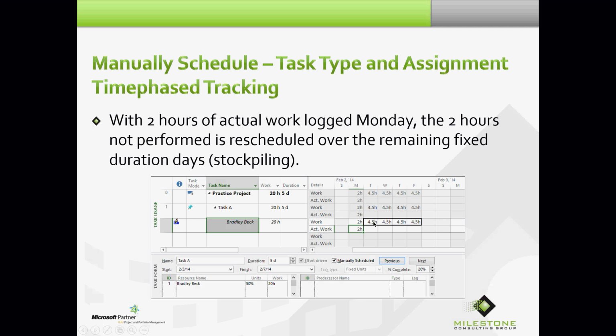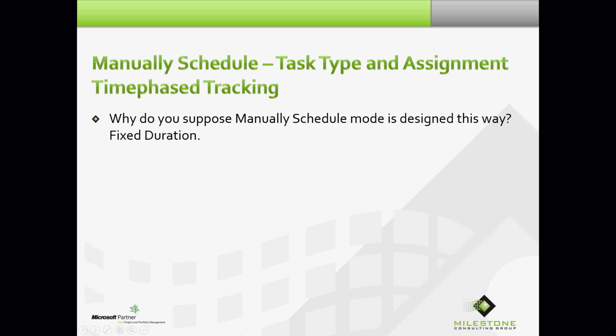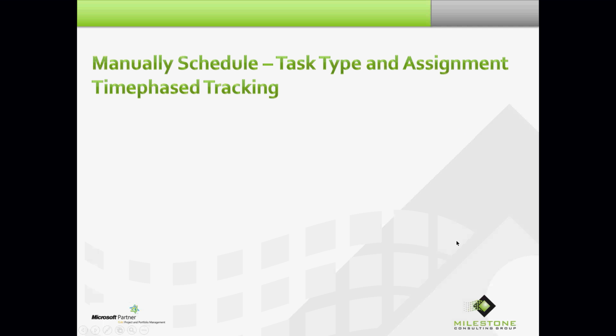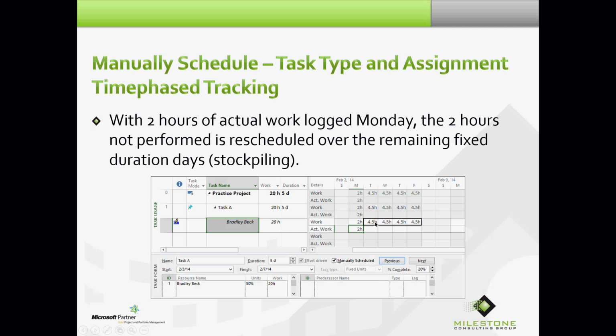It took the 2 and it distributed it evenly across the remaining fixed duration days. Even though I initially had this in auto-scheduled mode as a fixed units task, the second you go to manually scheduled, you are operating in a fixed duration mode and you can't change it. So the 2 we didn't do got layered over the remaining days.